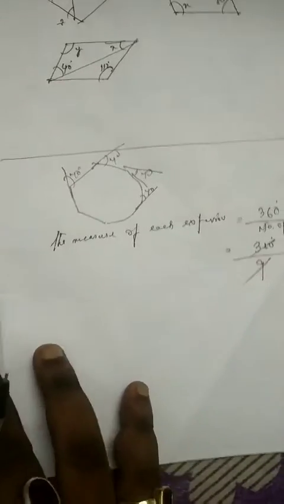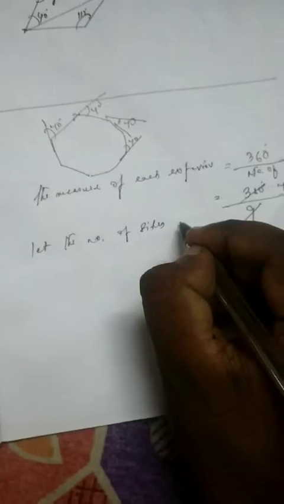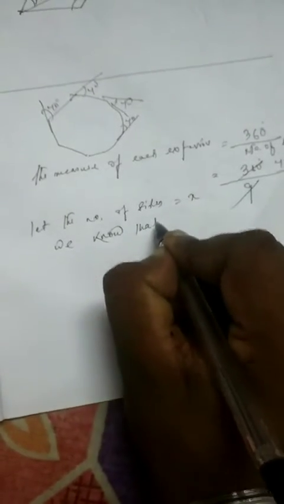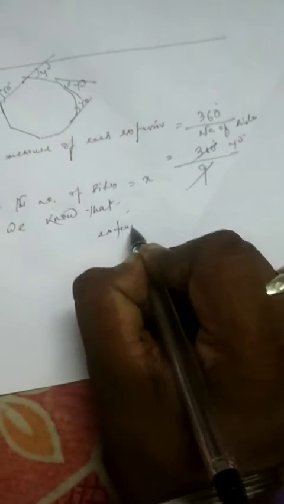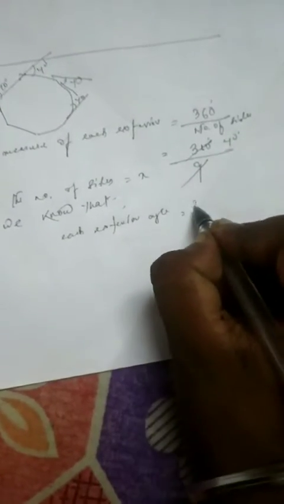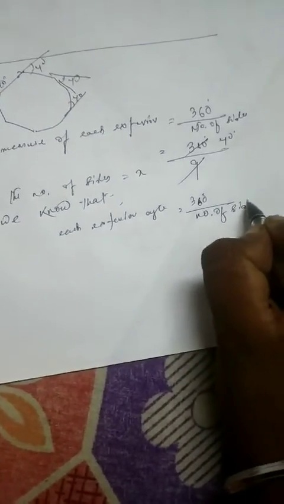Let the number of sides, which we don't know, be x. We know that each exterior angle is equal to 360 by the number of sides.